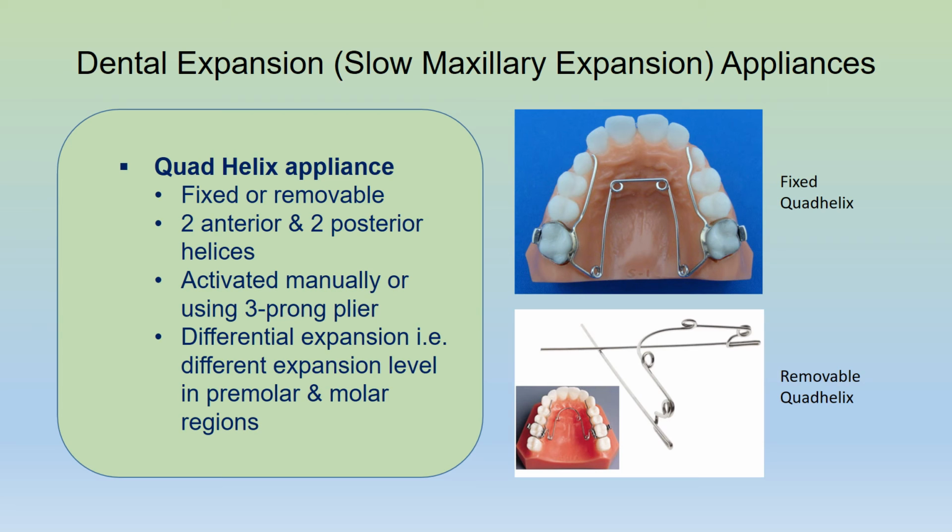Now it can be activated. It has two anterior and two posterior helices. It can be activated manually by pulling apart the arms of the quad helix, or it can be adjusted using a 3-prong plier. A quad helix is able to produce differential expansion, meaning you can get different expansion levels in the premolar and molar regions.